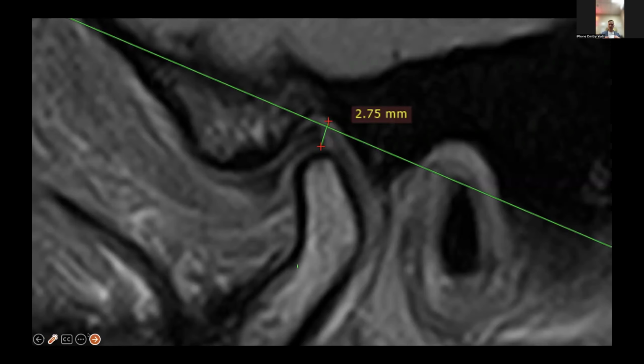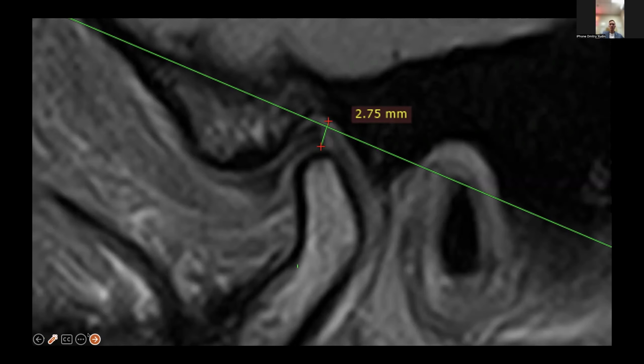So look here: you can find the anterior part of the condylar disc and the posterior part of the disc. If they are equal, you have an absolutely normal situation with the TMJ in your patient.